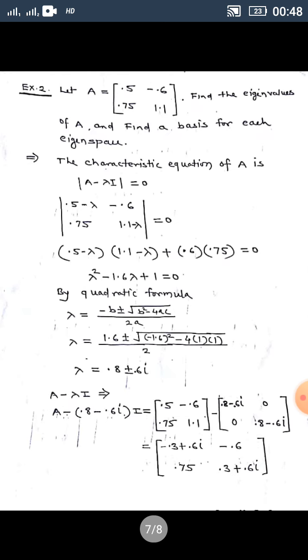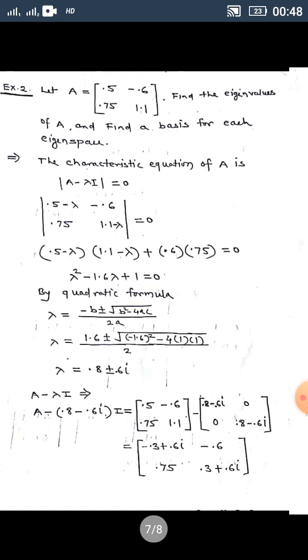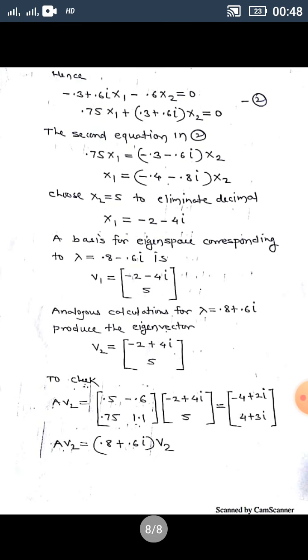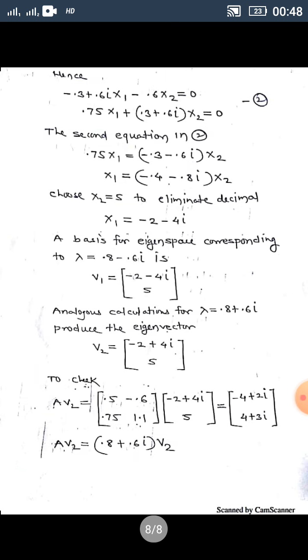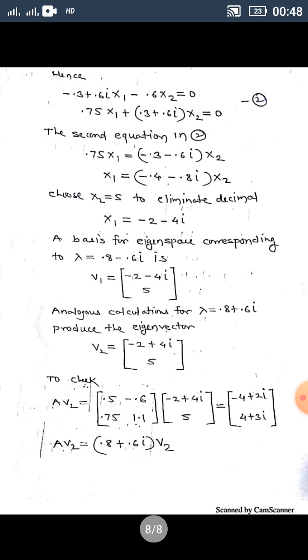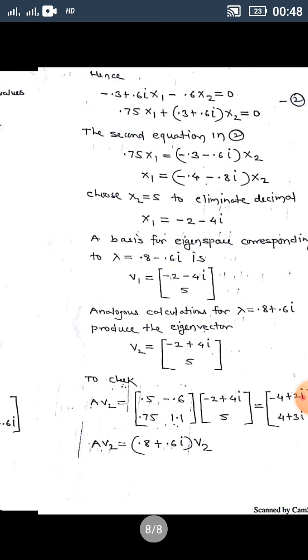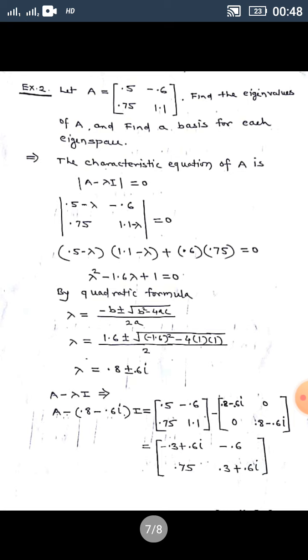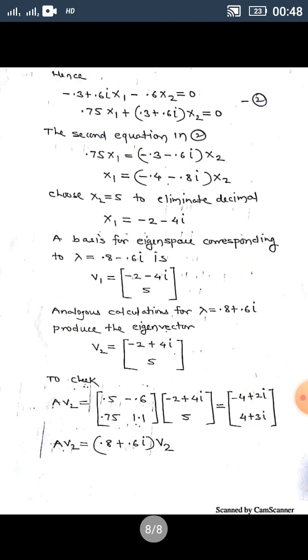So we calculate the eigenvectors in a different way. Now the vector is x1, x2. We write the equations. Minus 0.3 plus 0.6i times x1 minus 0.6 x2 is equal to 0. And the second equation is 0.75 x1 plus 0.3 plus 0.6i times x2 is equal to 0.